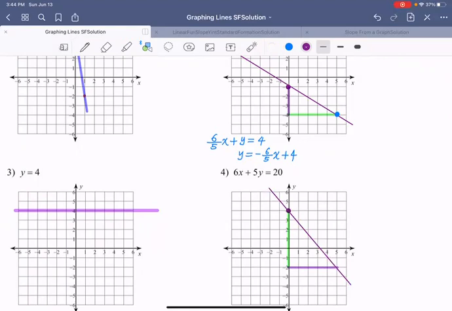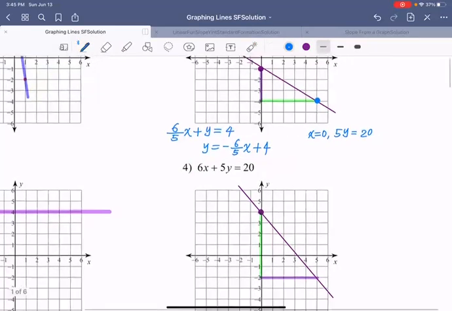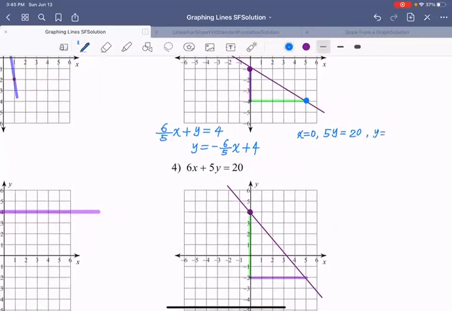Now let's look. This is the first method. I want you to plug in x, some value like 0 or 1 or 2. Go ahead, which way? So 0 equals x, so it would be 5y equals 20. So y would equal 4. Very good.